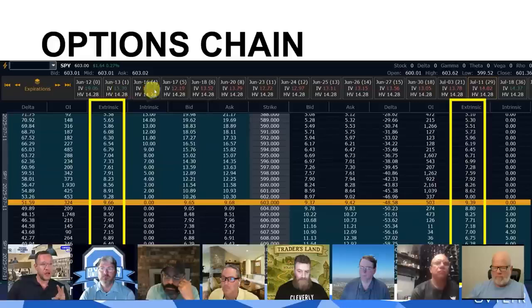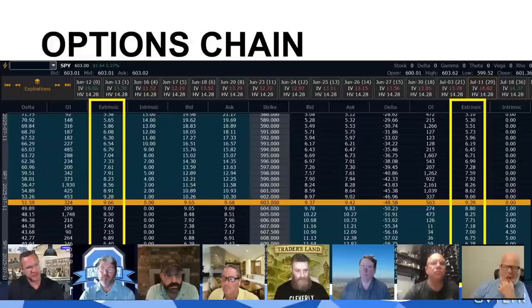Always. Extrinsic value at expiration is worth nothing. And I like to use this quarter sitting on my desk in front of me as an example. This quarter is worth more than an out of the money option that has expired out of the money. That's it. It has no value.